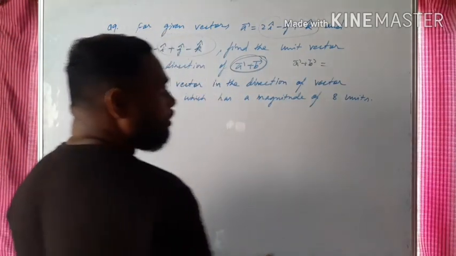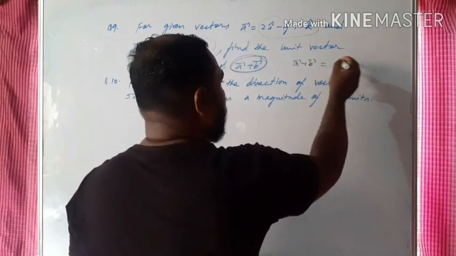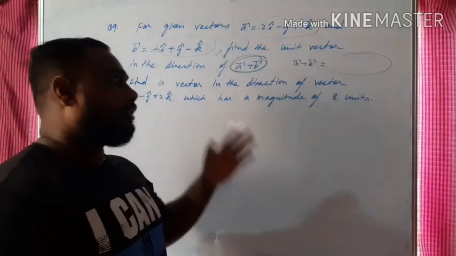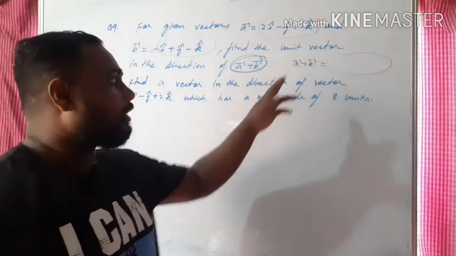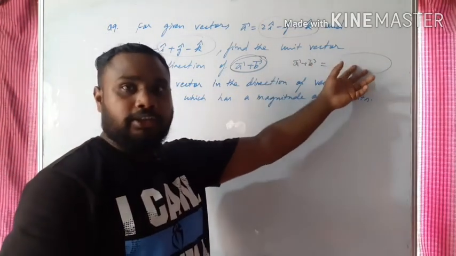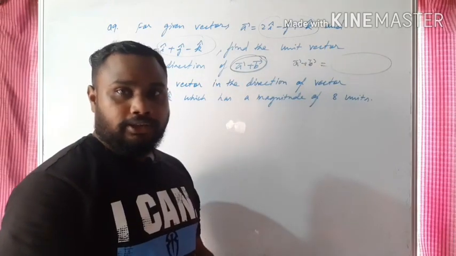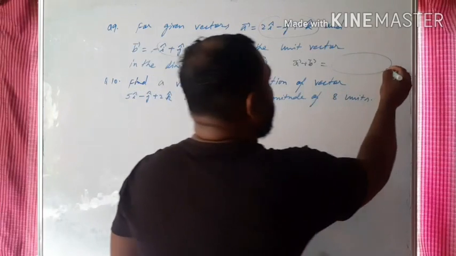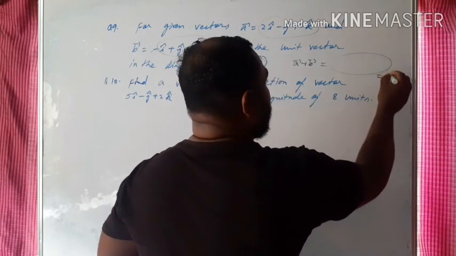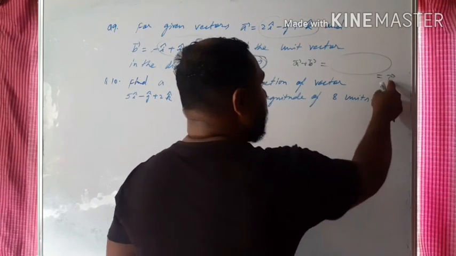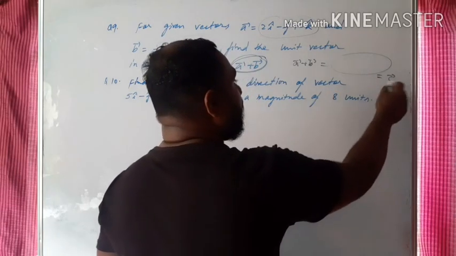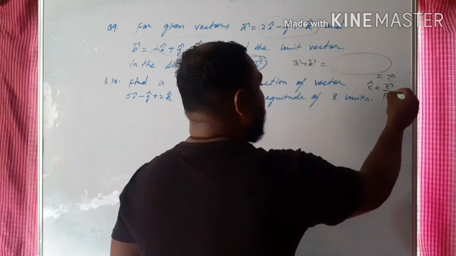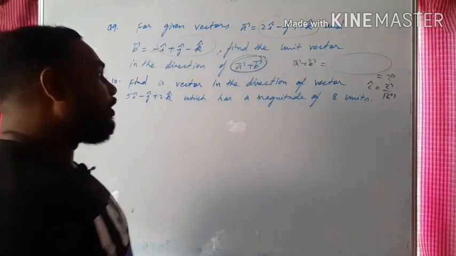Whatever vector you get, you will have to find its unit vector. Like before, just suppose this vector is equal to the C vector, and you will have to find C cap, that is, C bar by magnitude of C.